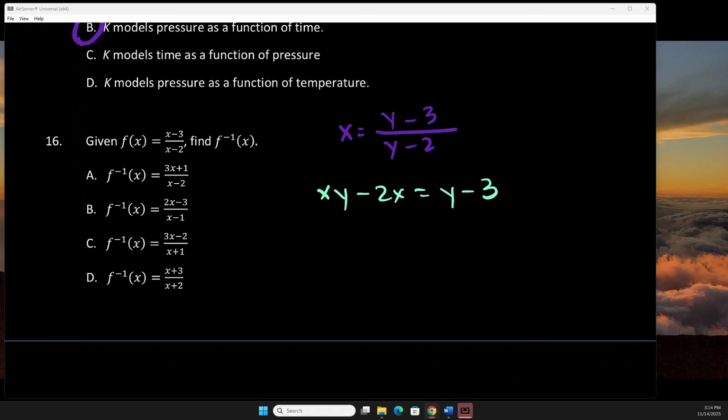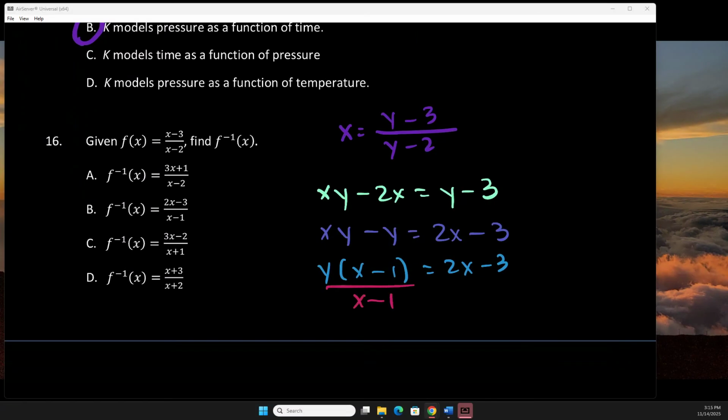Then anything that has a y, we're going to move over to the left side. Anything that doesn't have a y, we're going to move over to the right side. All right. Then we're going to factor out a y. And then finally, we're going to divide by what's being multiplied by y, and that should be our inverse function.